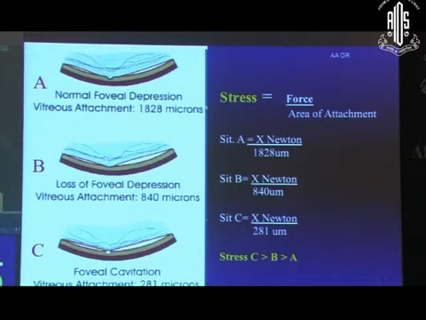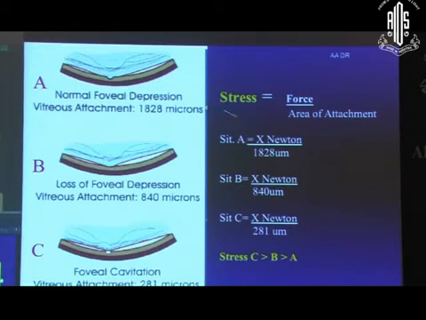Now this slide I'll spend a little time on, which is important for you to understand. What is stress on the retina? Stress is force which is applied to the retina divided by the area of attachment. So if we have a force, which we calculate in newtons, and the area of attachment, which has come from a study, is 1828 microns, this is situation A. So you have an amount of stress based upon the force.